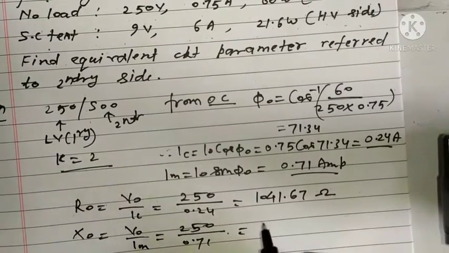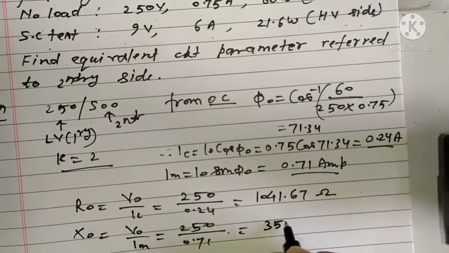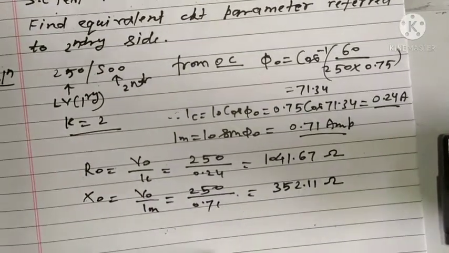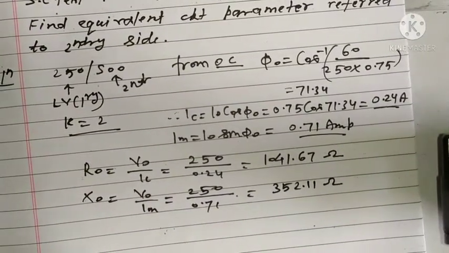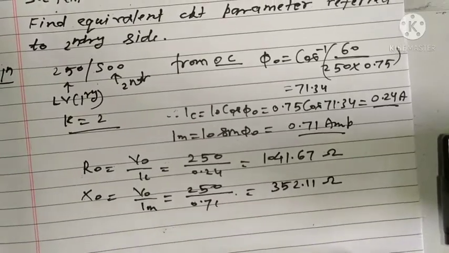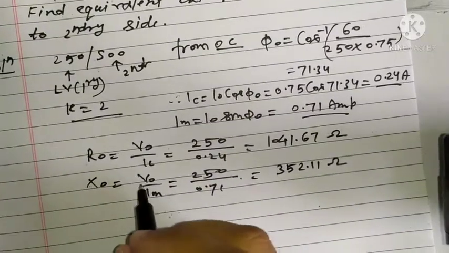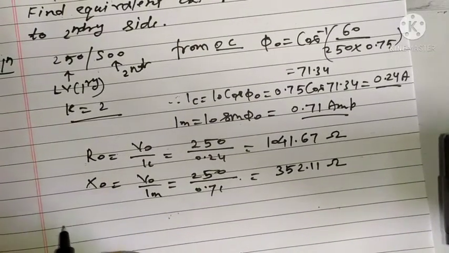So it comes as 352.11 ohm. Now these are the parameters of primary side, and they are asking to find equivalent circuit parameters referred to secondary side. So let us refer to the secondary side.